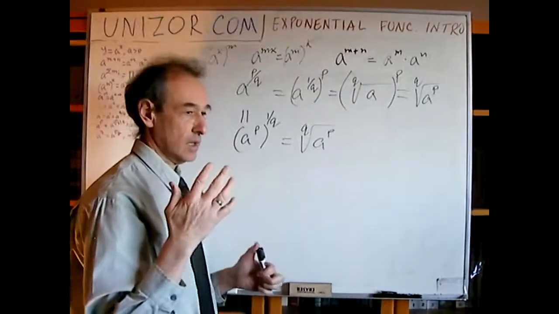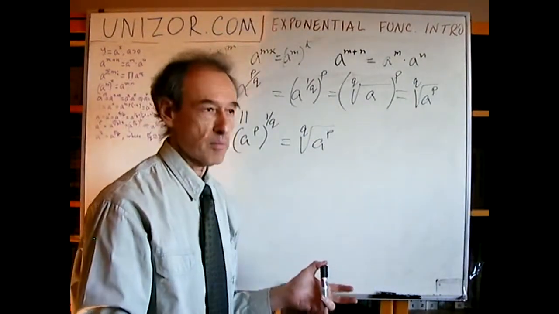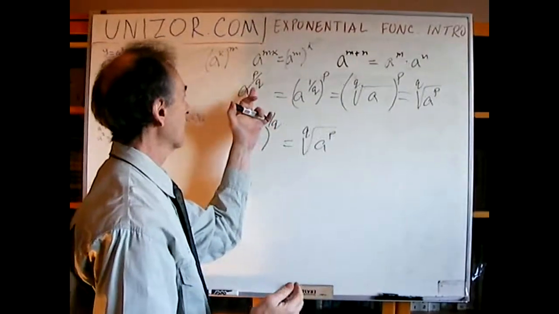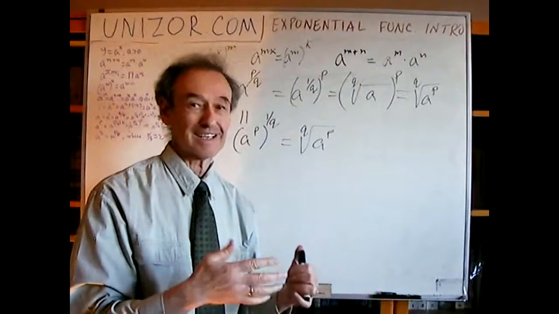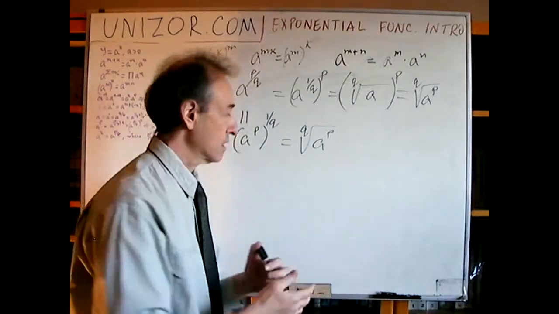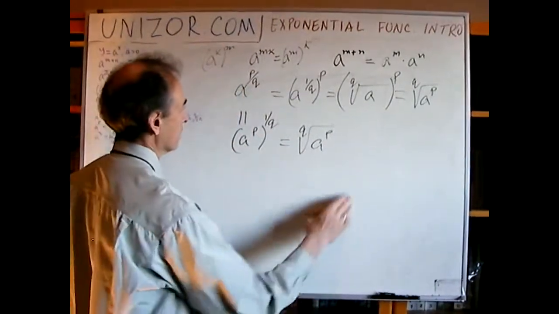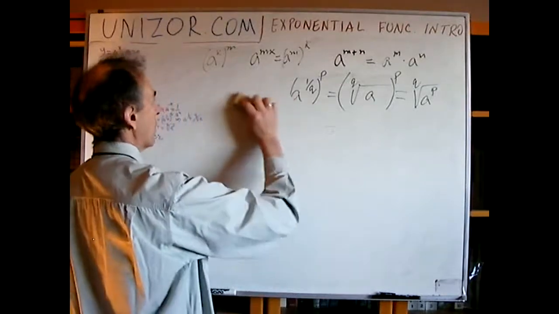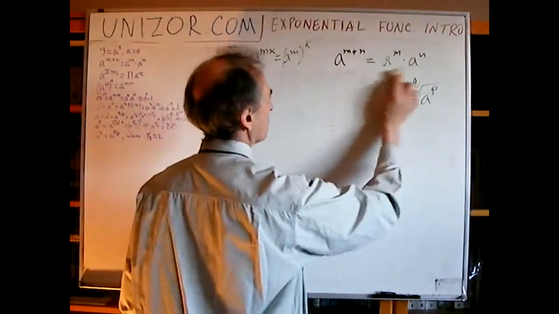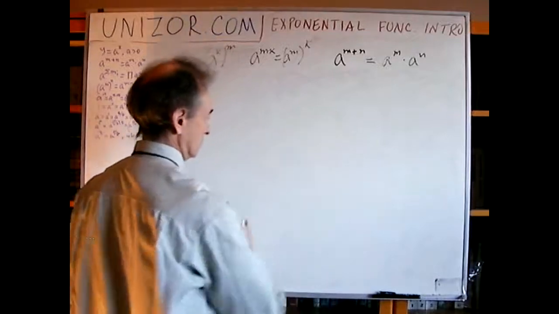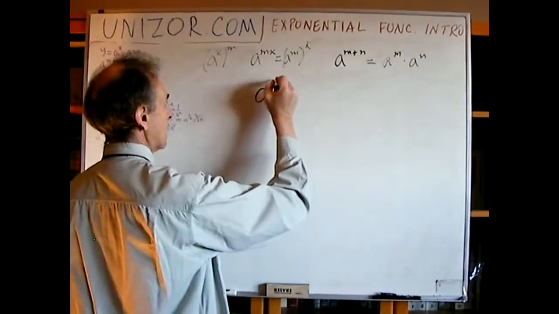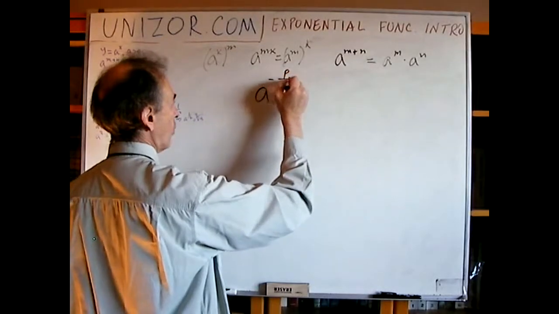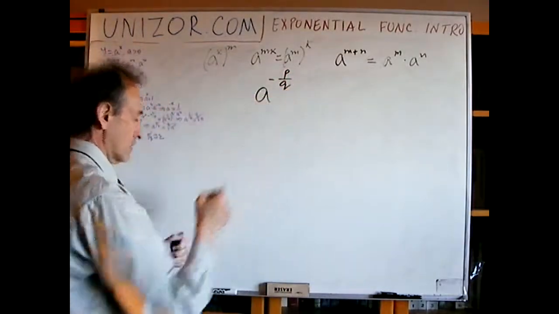Okay, it's almost done with rational numbers, because all we have to do is to add negative numbers. But we already know how negativity actually affects. So if this is a negative rational number, let's say it's a to the power of minus p over q, where p and q are natural.